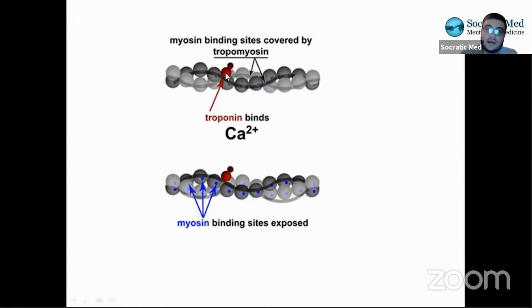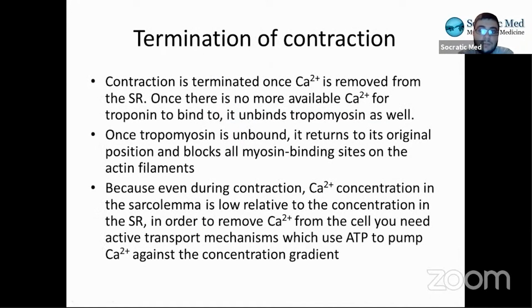When it's not bound to calcium, it can't bind this vine and can't move it out of the way. The troponin binds to calcium on one side, and on the other side, it binds to tropomyosin. Okay.